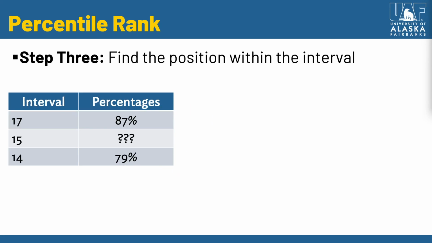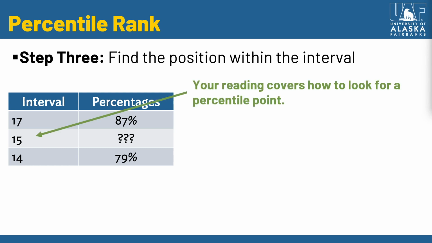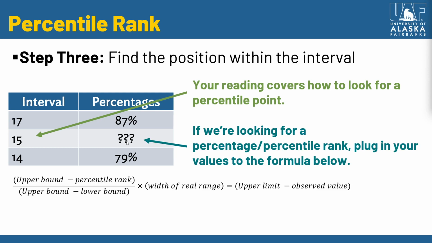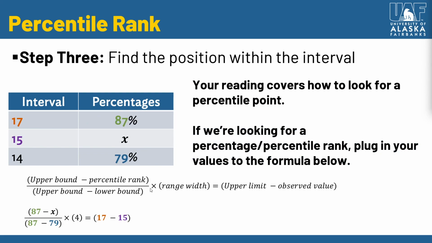Okay, so step 3, find the position within the interval. If you're looking for a percentile point, the number is over here if we knew the percentage. Your reading covers how to look for that, and it's just the inverse of what we're doing here. But if we're looking for a percentage or percentile rank, let's use this formula below. Lots here, so let's walk through it.